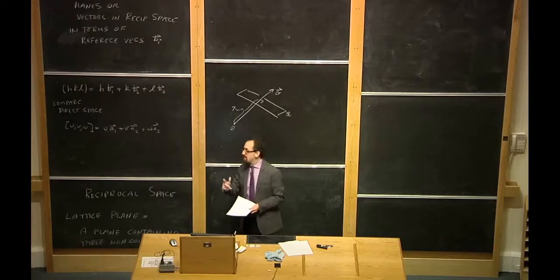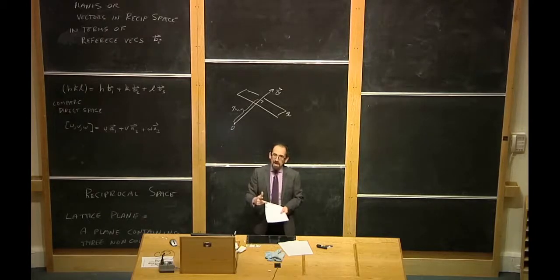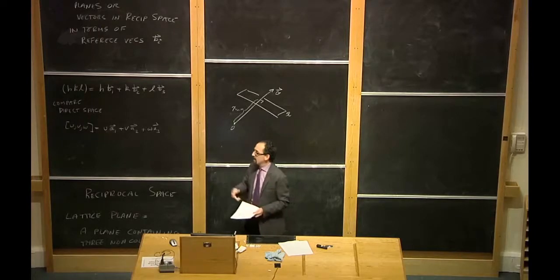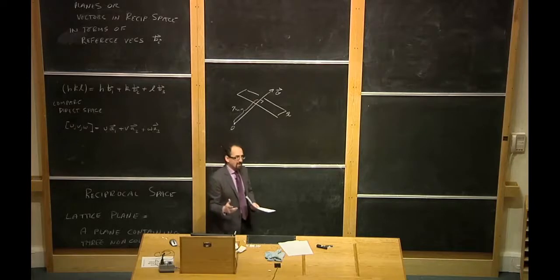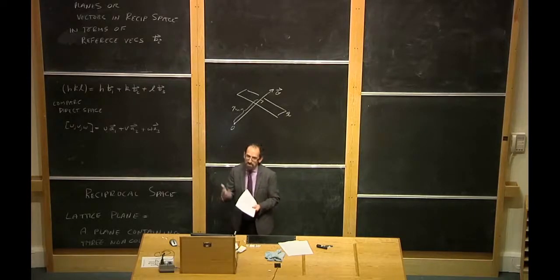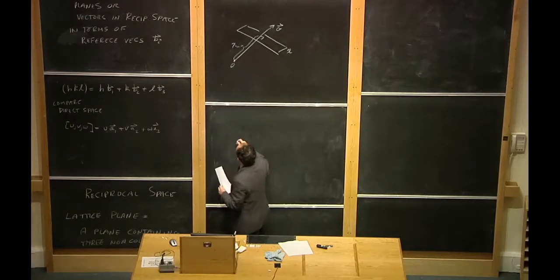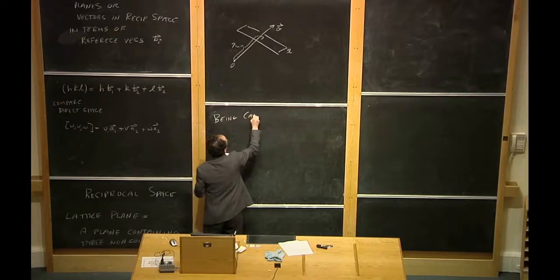Because sometimes the primitive vectors are at ugly angles, and if you use a conventional unit cell rather than a primitive unit cell, you can use orthogonal vectors rather than things at weird angles. So if you can use orthogonal, you usually do, even if it means you're not using primitive lattice vectors. So let's be careful about our definitions.